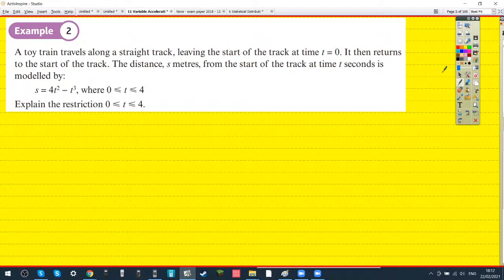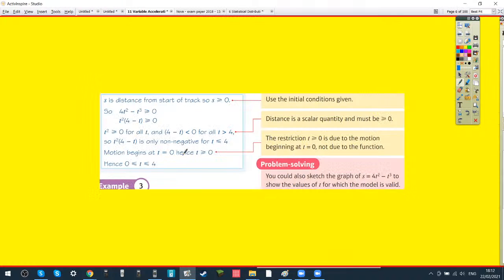Shall I say my highest value for 0 between 4? No. Why is it restricted from 0 to 4? Why can't time be 5 or something? Oh, because it becomes negative. Yeah. Distance can't be negative. So this models the distance from the start that the train has travelled, but when t is more than 4, it would have to be negative, and you can't have negative distance.